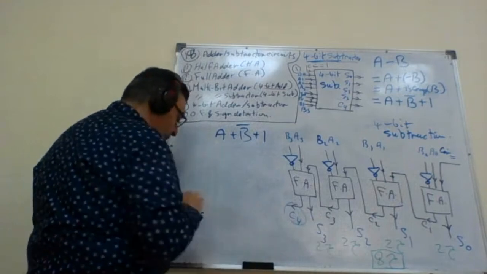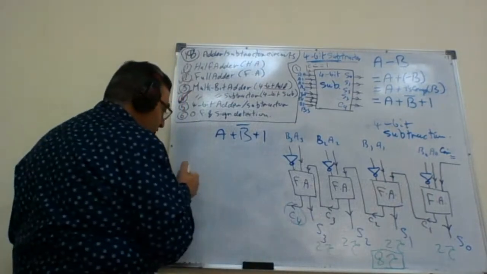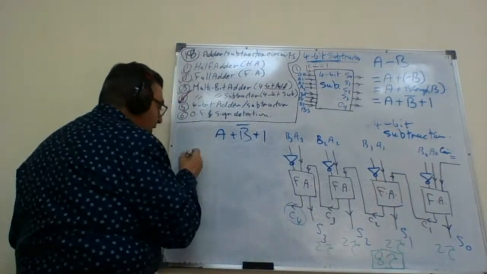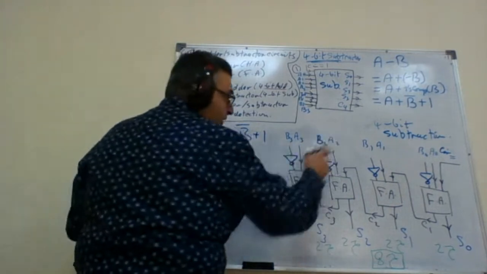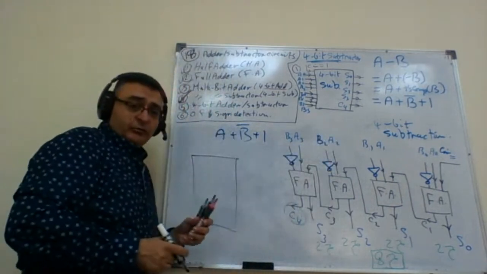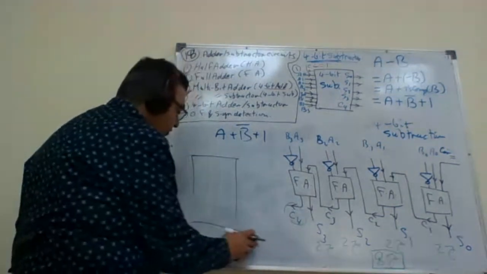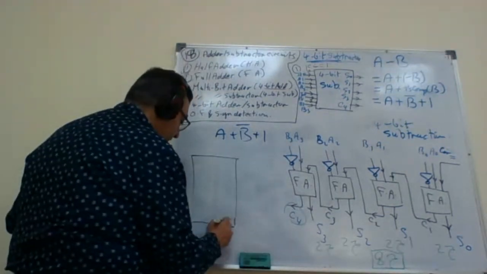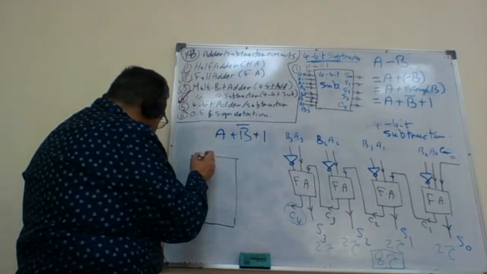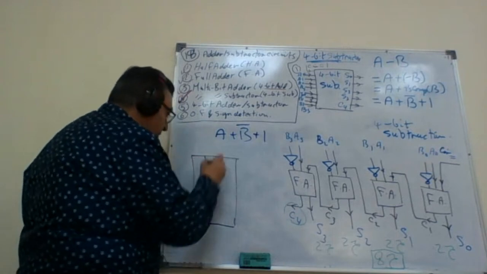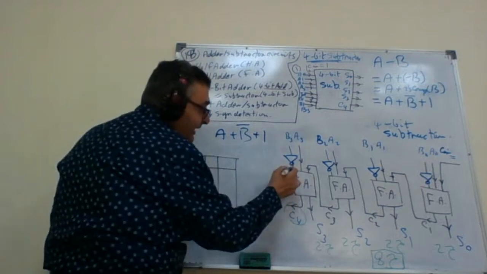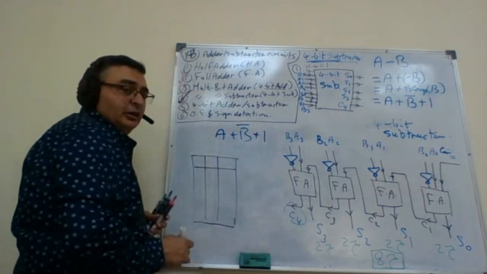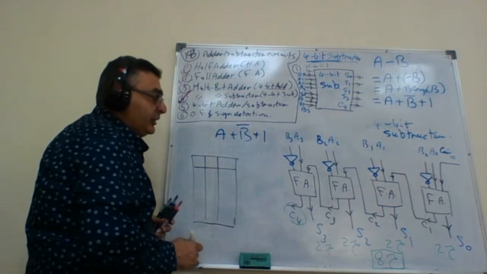The input A for the full adders has no change. There is no change needed. Actually, the change that I'm looking for is in the second input of the full adders. So A will remain the same.